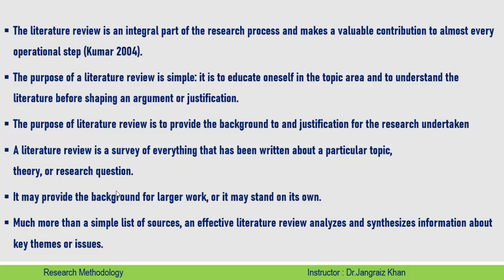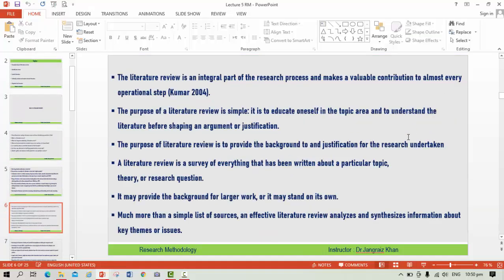The purpose of literature review is simple. It is to educate oneself in the topic area and to understand the literature before shaping an argument or justification. The purpose of literature review is to provide background to and justification for the research undertaken. A literature review is a survey of everything that has been written about the topic, theory, or research question.